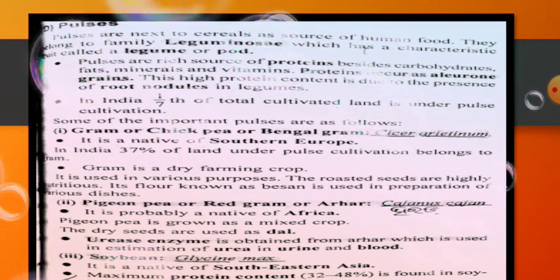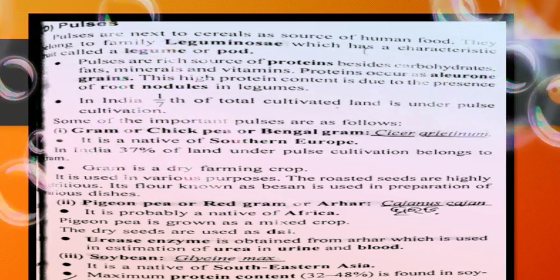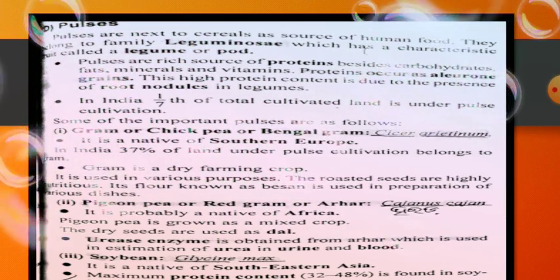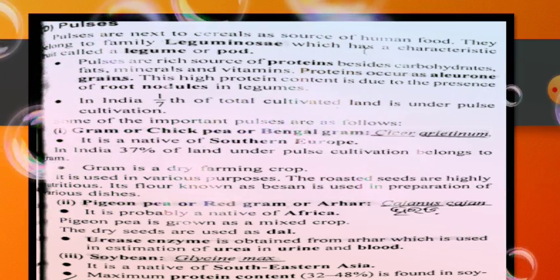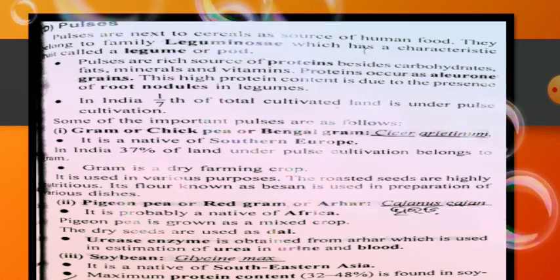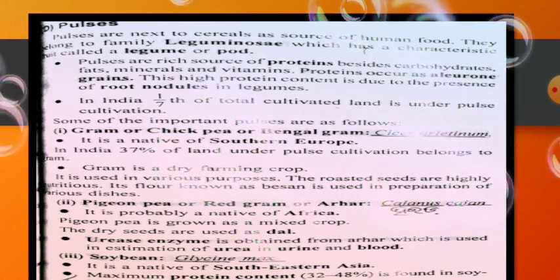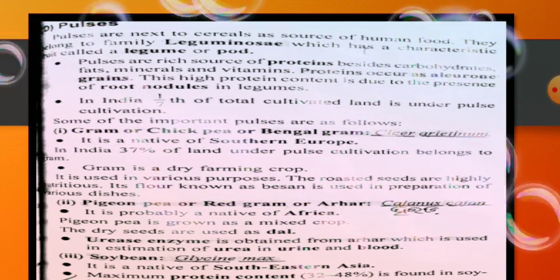Then comes the pigeon pea or red gram, commonly named arhar, and its botanical name is Cajanus cajan. This is native to Africa.